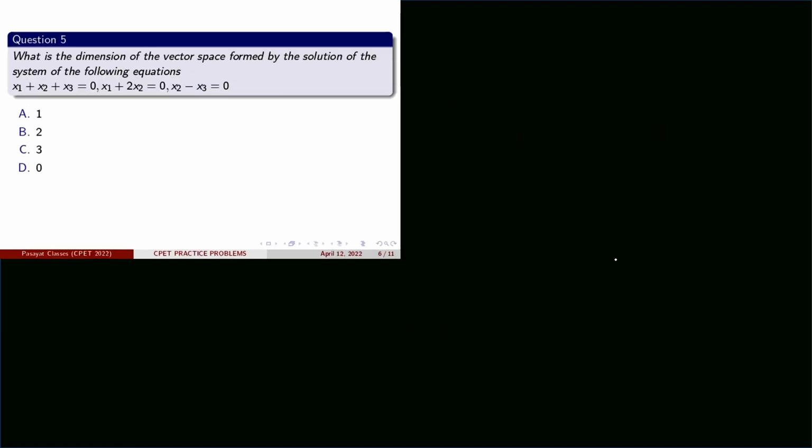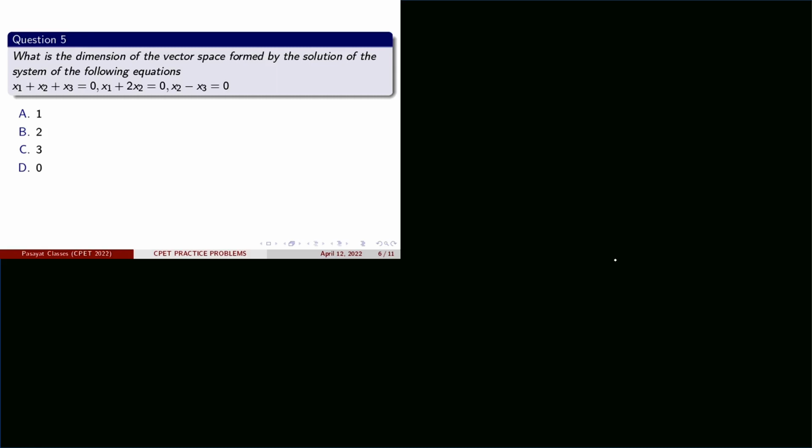Now come to another question. Here the question asks what is the dimension of the vector space formed by the solution of the following system of equations, and the system of equations are given as x1 plus x2 plus x3 is equal to 0, x1 plus 2x2 is equal to 0, x2 minus x3 is equal to 0.